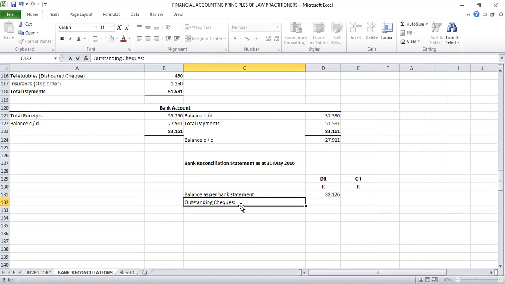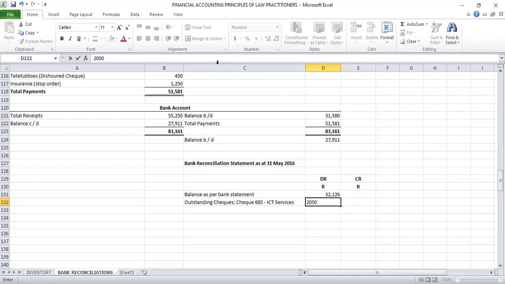That is ICT services, check 685. Outstanding checks go on the debit side. Why? Because when they are cleared, they will reduce the amount in our bank account.